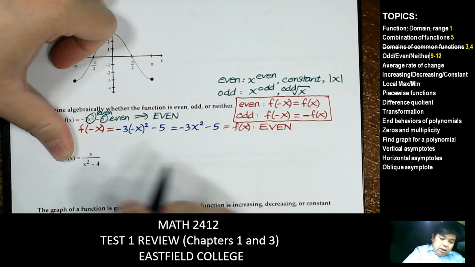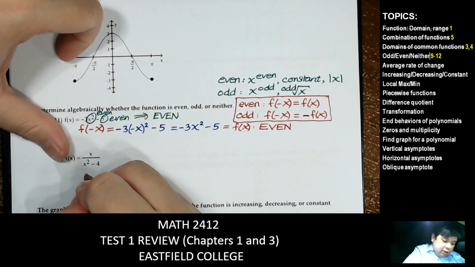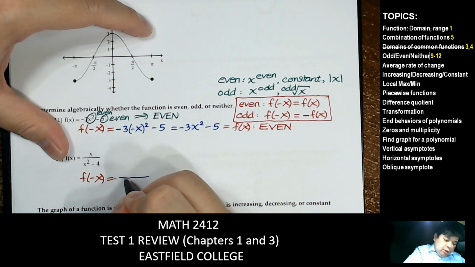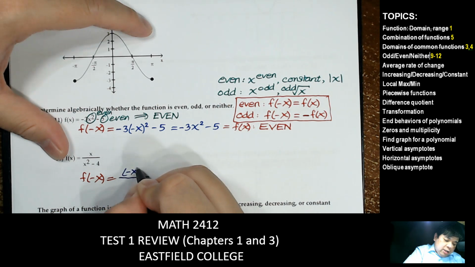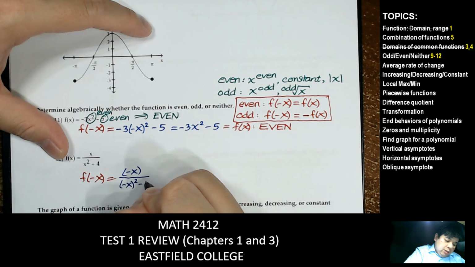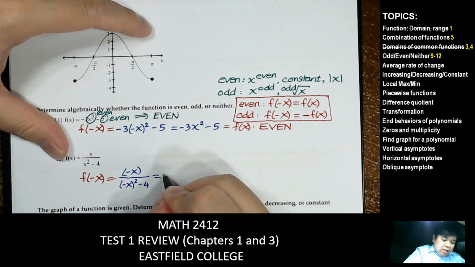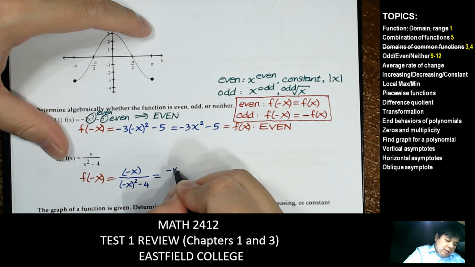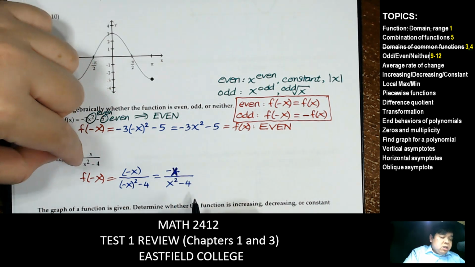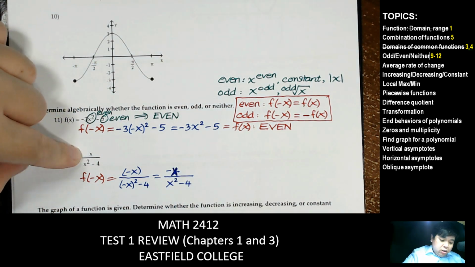Now we go with this. We start with the same thing. This one definitely we have to use the definition. So we have negative x for x. Negative x will end up with negative x, and we have x squared minus 4. Obviously, it is not the same as the original function.